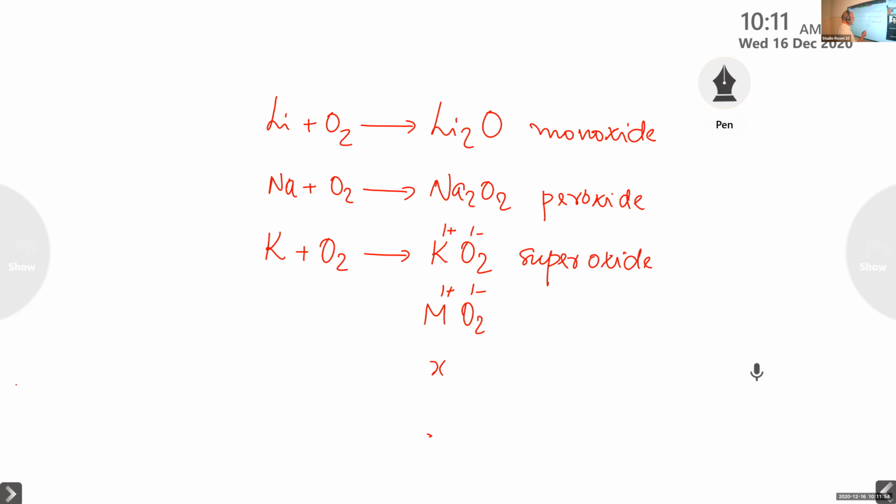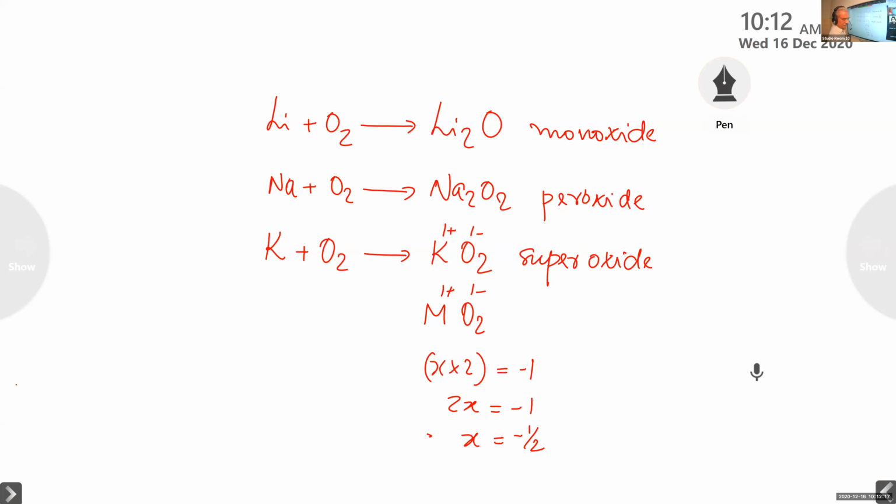There are two oxygens, so x into 2 is equal to the charge, minus 1. Therefore, 2x is equal to minus 1. Therefore, x is equal to minus 1 by 2.